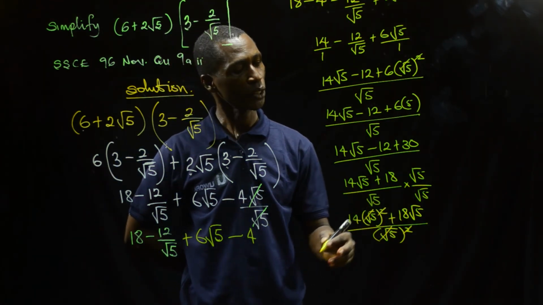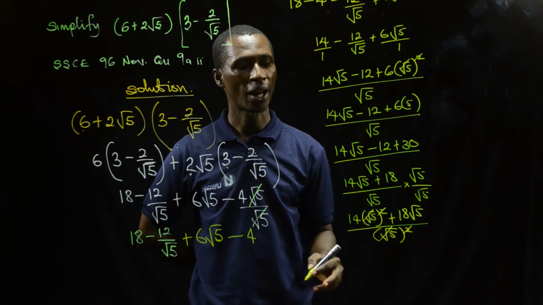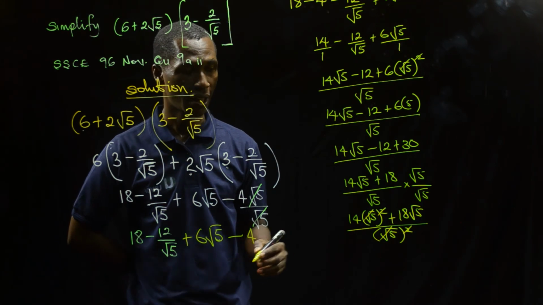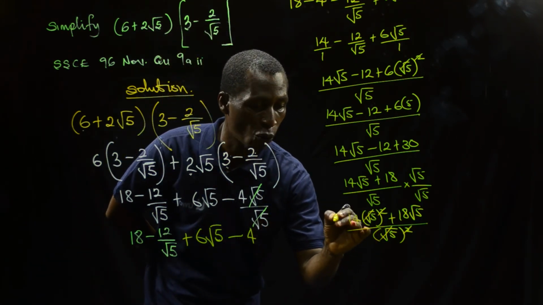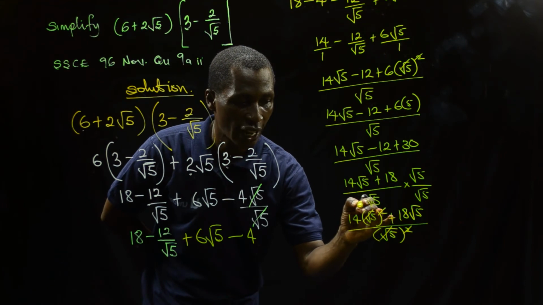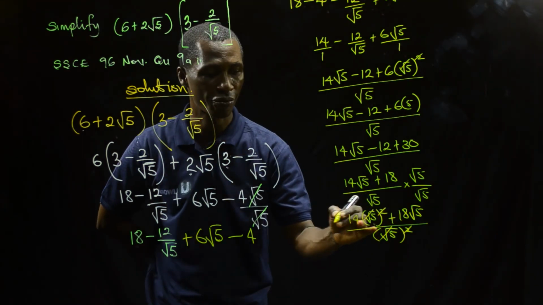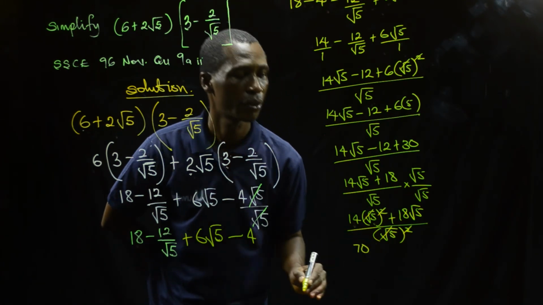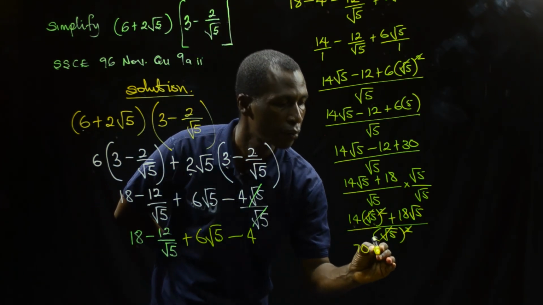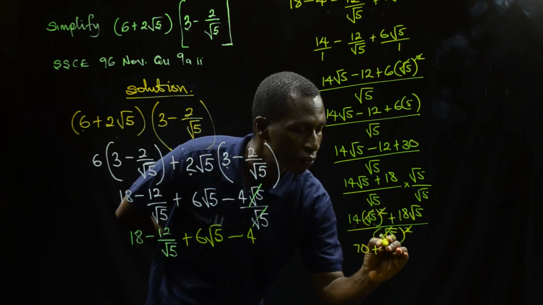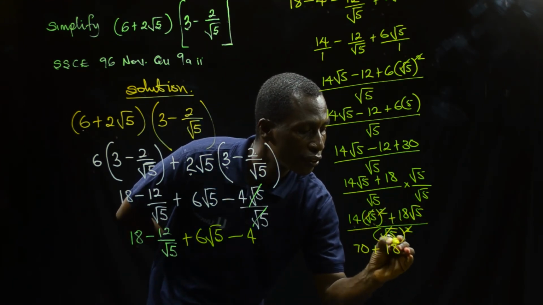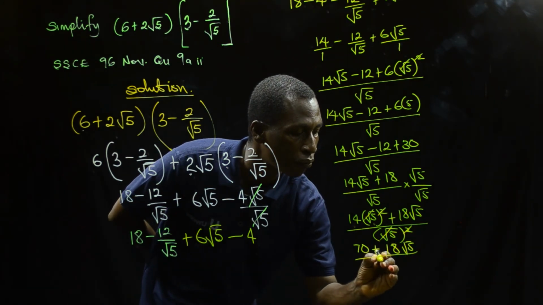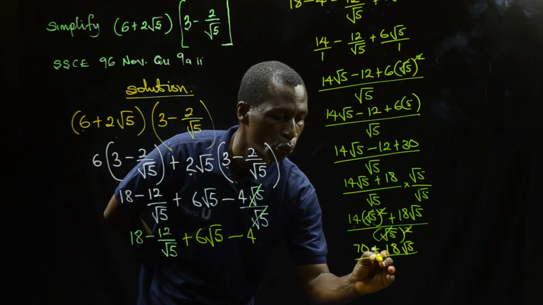Okay. So 5 will multiply 14, which will give me 70. As the root sign is blown away by the power, I'll be left with 5. 5 will multiply 14, so I'm going to get 70 here, plus 18 root 5, all over 5 because the power has blown the root away.